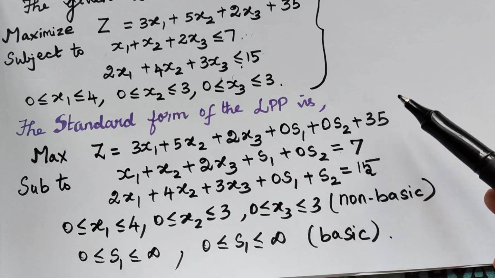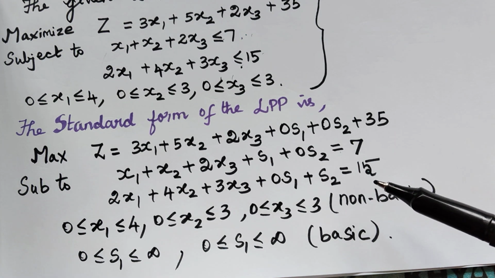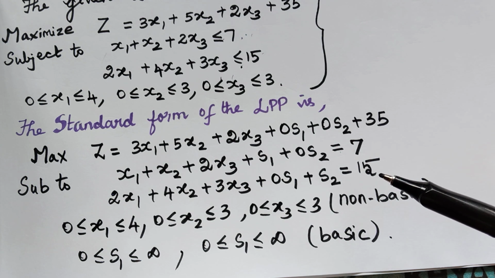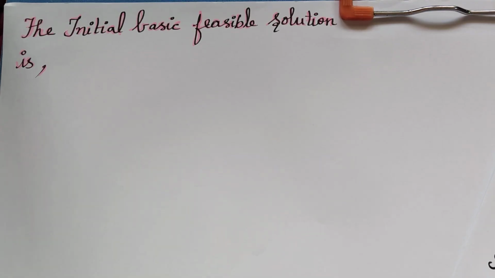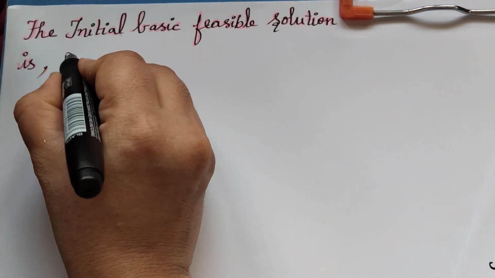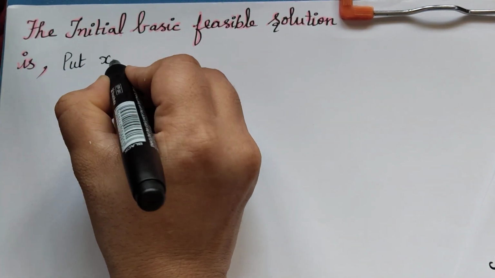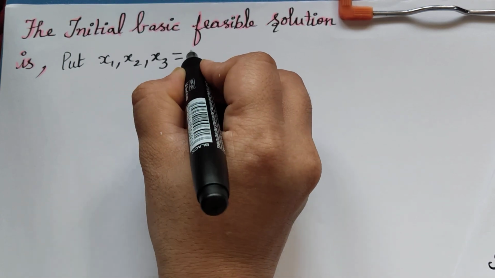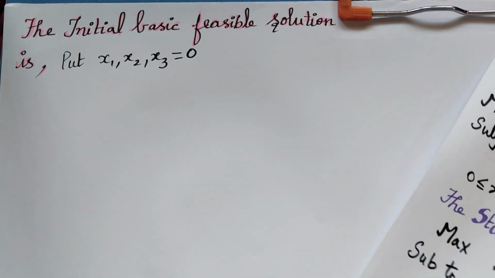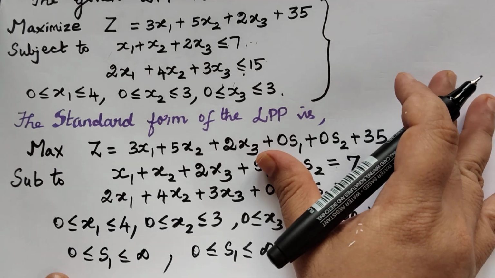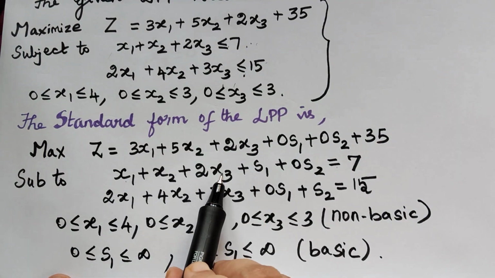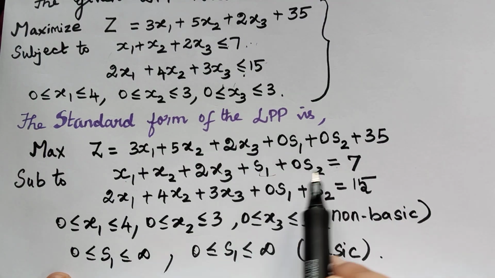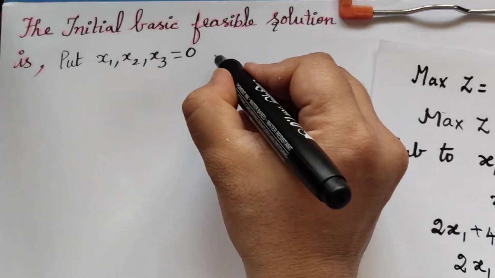After writing the standard form of the LPP, we have to find the initial basic feasible solution. The initial basic feasible solution is obtained by putting the non-basic variables x1, x2 and x3 as 0 in the constraints. In the first constraint, if we put x1, x2 and x3 as 0, we obtain s1 equal to 7.